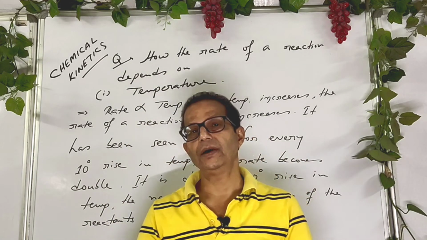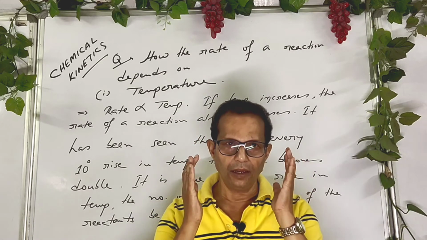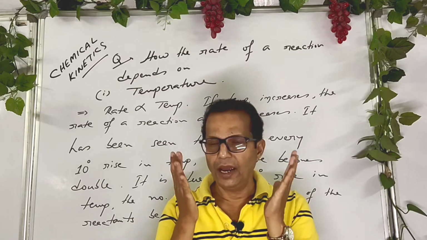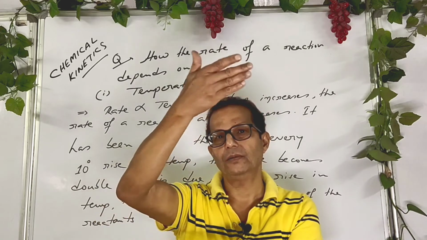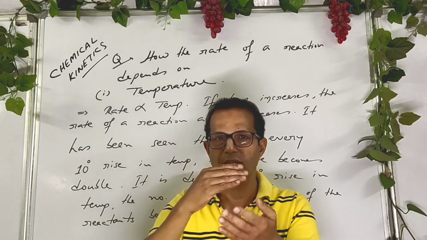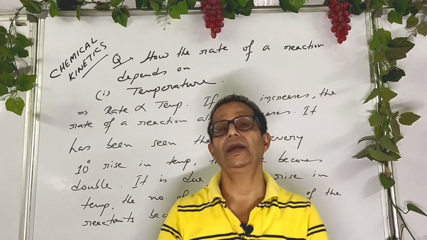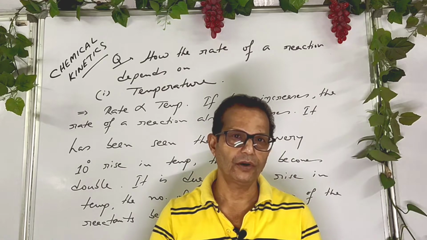If temperature is applied to the reactants, the number of collisions of the reactants increases and most of the reactants can easily overcome the minimum energy barrier, that is threshold energy, and change into product. So those collisions of the reactants which directly change into product are called effective collisions.